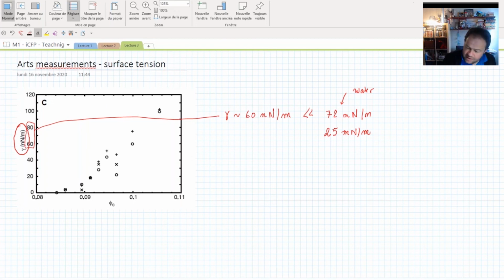So you have something which is much smaller. And what you see is that even though it's small, there are some concentrations for which gamma really tends to 0. And here, what you will observe experimentally, and they have observed that, is that when you go to this kind of very low surface tension, you go to a spontaneous emulsification.